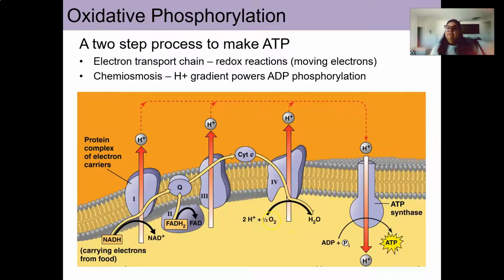There's a lot of chemistry that happens in here. But that is the basics of what's happening, and it's exciting. That is how our cells work.